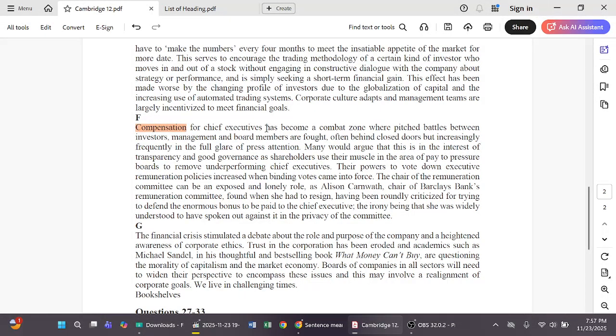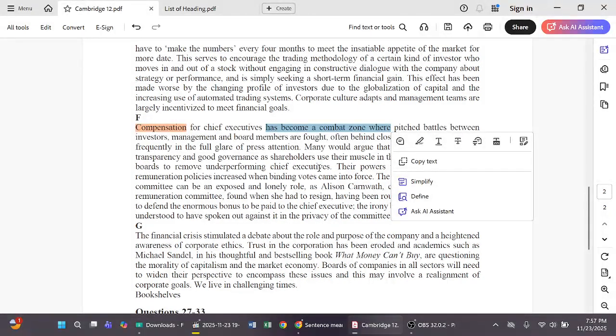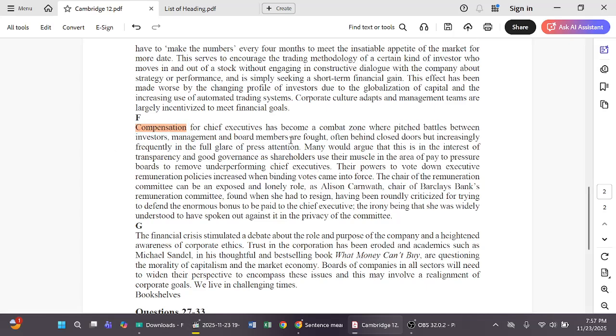Compensation has become a combat zone where pitch battles between investors, management, and board members are fought, often behind closed doors, but increasingly frequently in the full glare of press attention. So here we can see something between investors, management, and board members who are fighting for something. What is this? This is for compensation. And what is compensation? Compensation is about financial issues, wage, salary, or something like this, right?